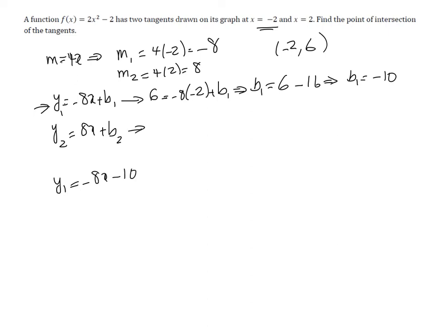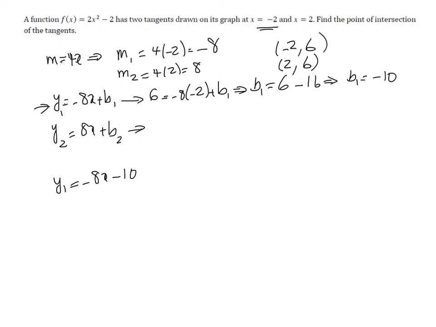The second equation, we know that it has to go through the point x = 2. Now if I put 2 back in the equation, I get 2 times 2 squared. So 2 squared is 4 times 2 is 8. 8 minus 2 is 6. So it goes through the point (2, 6).